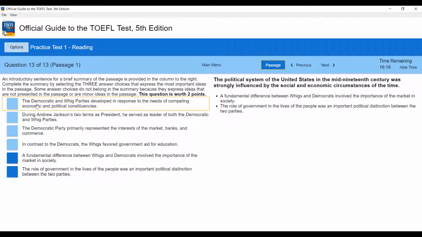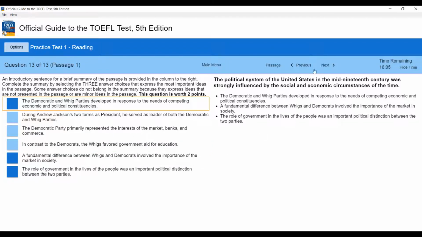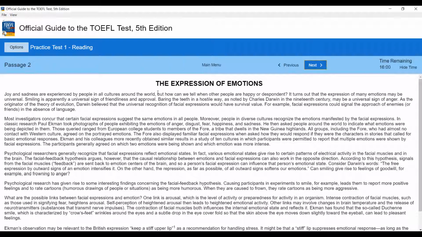I think it would be appropriate to use this one where it's talking about both the Democrat and the Whig Party, not just one of them in isolation. So I would say not B, C, and D. I would go with this one. Okay. And next. Okay, so that would be the end of that text.